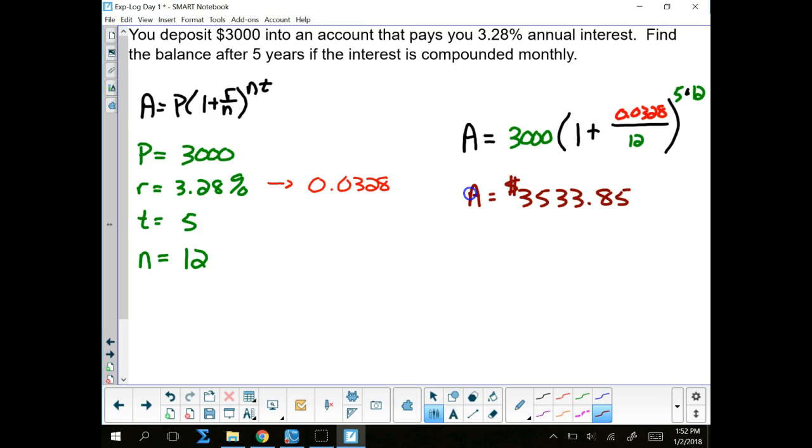Now, my question to you is this. What if I would have said, how much money did you make in interest? Then what's the answer? $533.85, because you have to take away that initial investment to find how much we earned in interest.